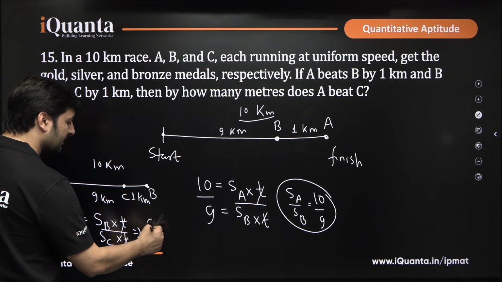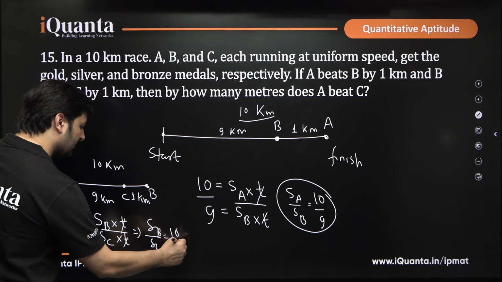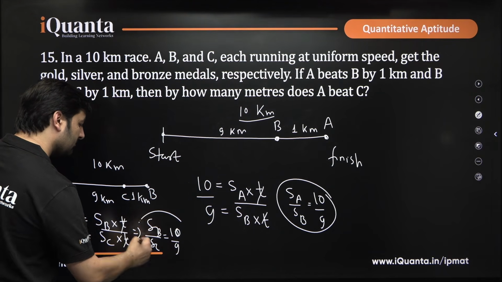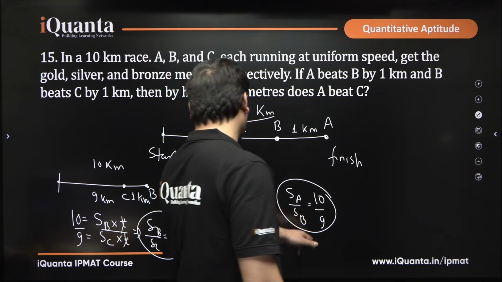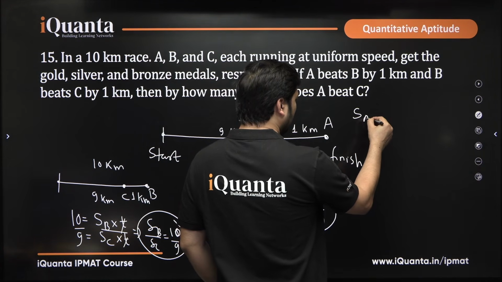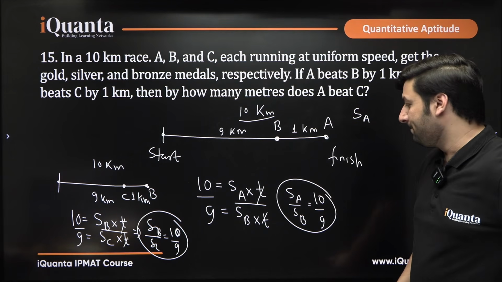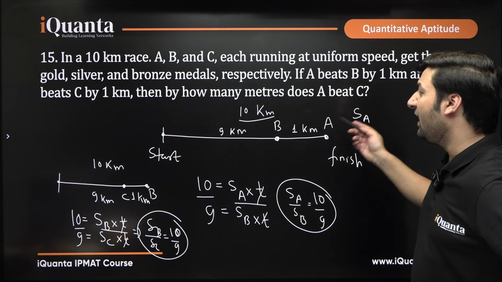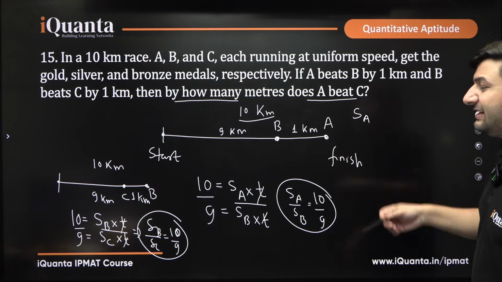Can I say that SB upon SC is again 10:9? I have two relations, SA upon SB is 10:9, SB upon SC is 10:9. So can I find out the ratio of SA, SB, SC? Yes. And I have to find it out because I have been asked by how many meters A beats C.